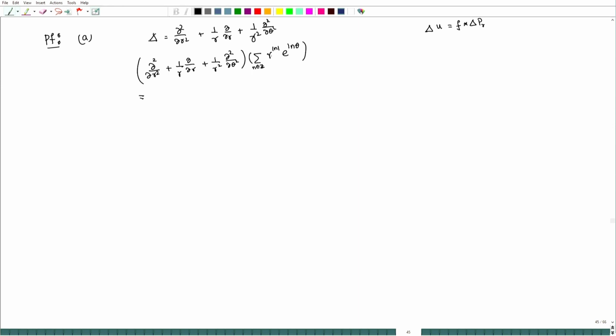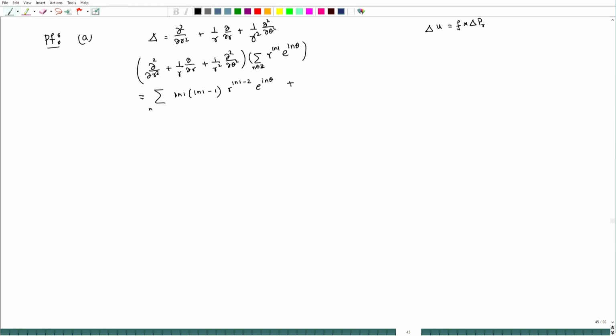If I take the first derivative with respect to r, I am going to get |n| r^{|n|-1}, and if I take the second derivative, the first term would be |n|(|n|-1) r^{|n|-2} e^{inθ}.